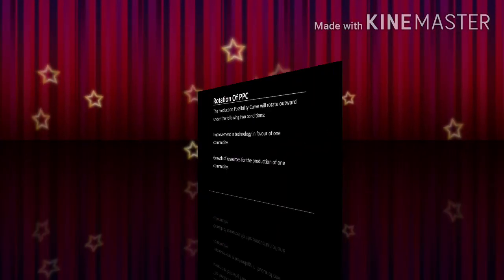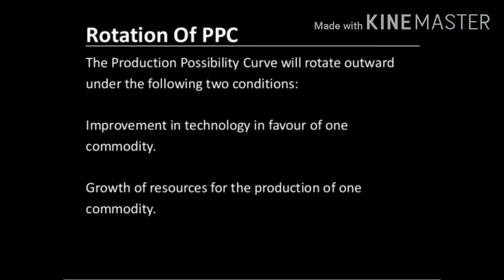So you have to remember, the shape of the PPC depends upon the marginal rate of transformation. Marginal opportunity cost and marginal rate of transformation are both the same. Now this PPC tends to rotate, so it will not stay in the same position. It may rotate, that is, keeping one position constant, the other position alone will rotate.